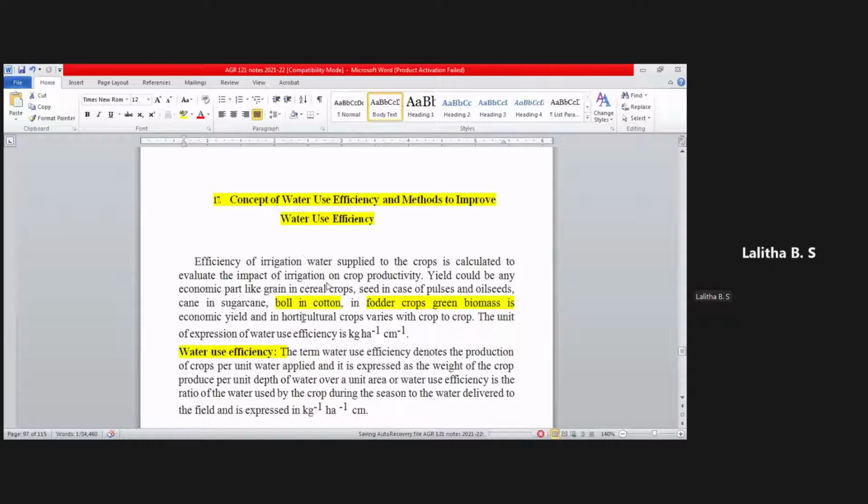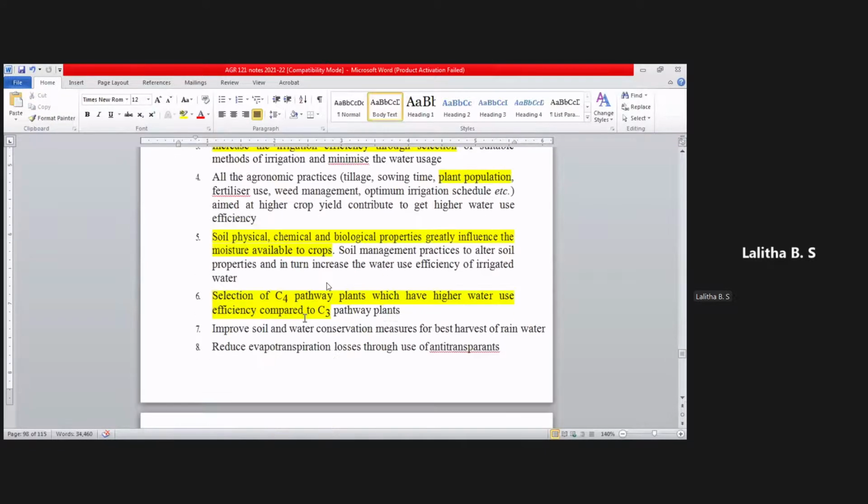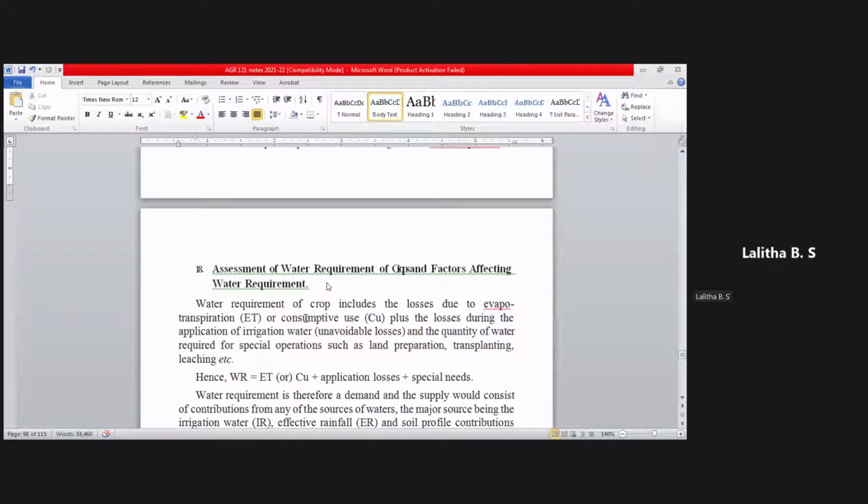Okay, next we'll see how to assess the water requirement of the crops. I don't know how much water is required for each crop, so that we have to assess.